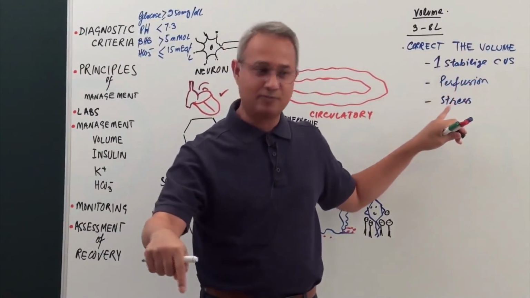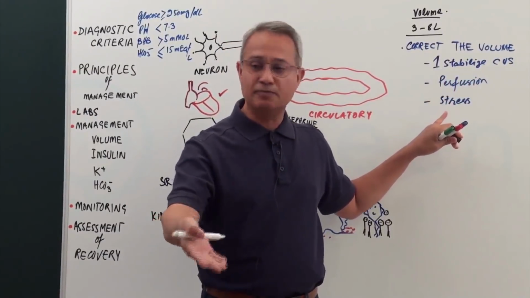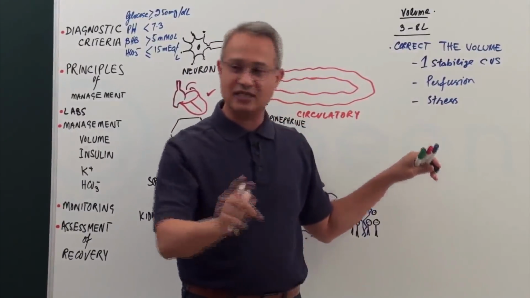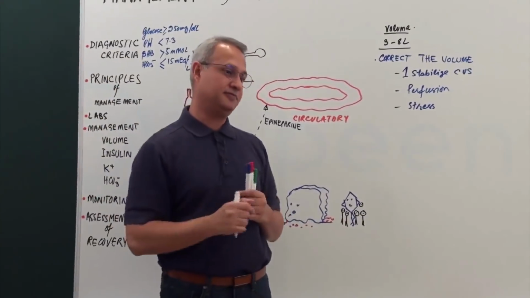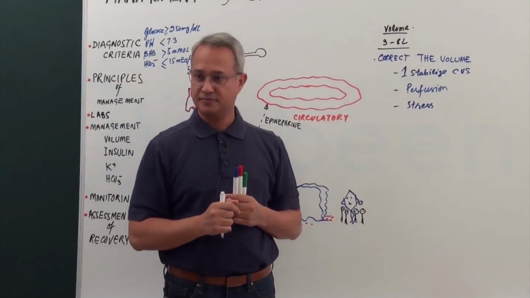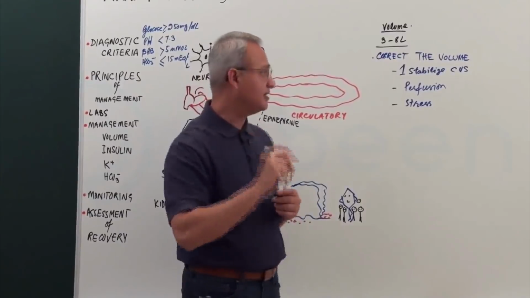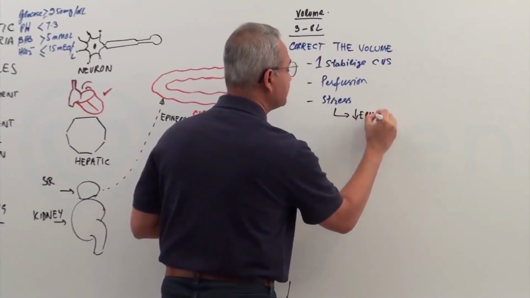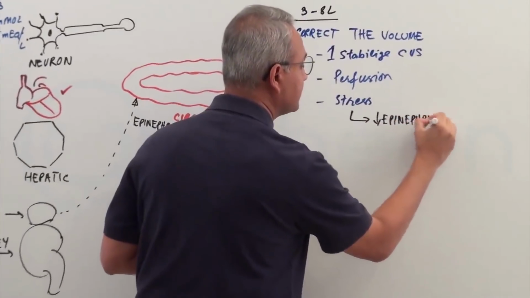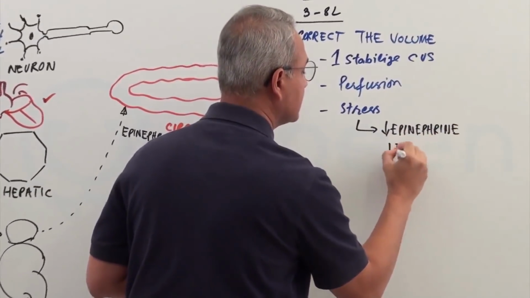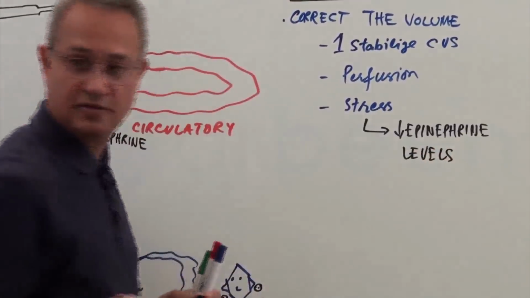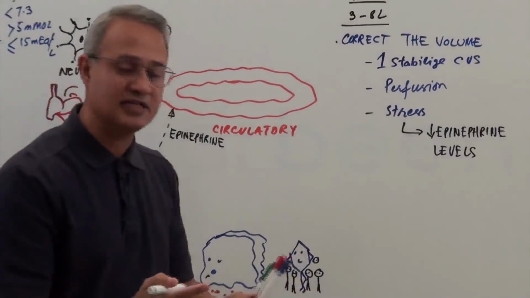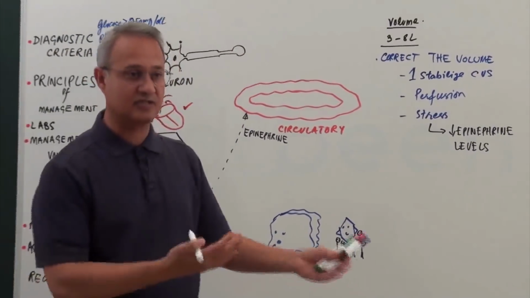So when you counter hypovolemia, when you improve perfusion, body stress level goes down, epinephrine reduces, insulin responsiveness improves. That's one. So here, reduce epinephrine levels. We have to reduce epinephrine levels. You cannot start managing a DKA patient who is in stress and stays in stress.